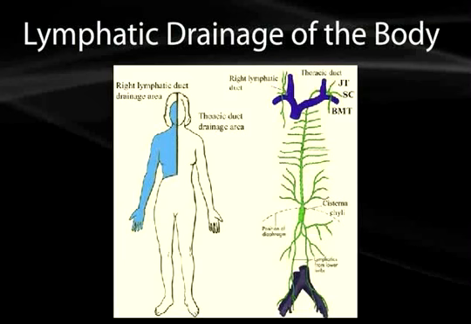Everything below the diaphragm will be collected back to that point known as the cisterna chyli, and that cisterna chyli will be a dumping point for any of the chylomicrons, which are too big to be absorbed by the GI tract, that will then be taken into that cisterna chyli and taken back to the vascular stream via the thoracic duct.